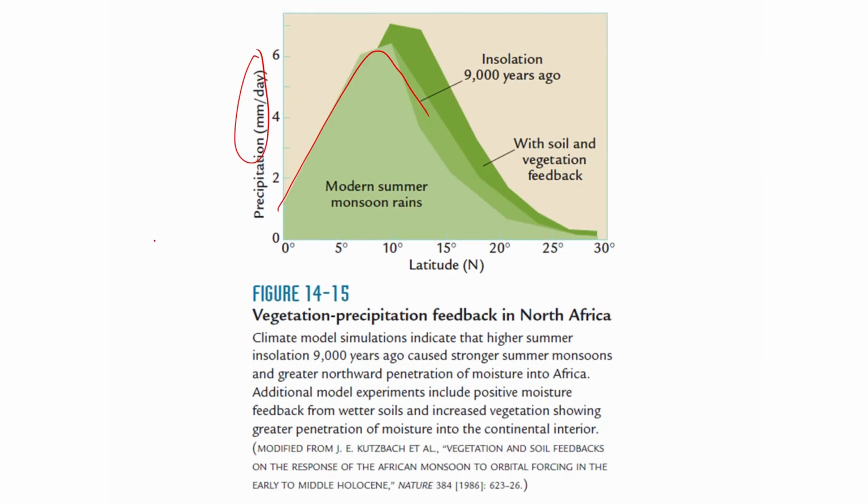So, this is basically showing that the vegetation feedback is a good effect. The rainfall was dropping off at about 15 degrees. With soil and vegetation feedback, you can see that the rainfall increased and it covered a much larger part of northern Africa. This is not news in some sense.